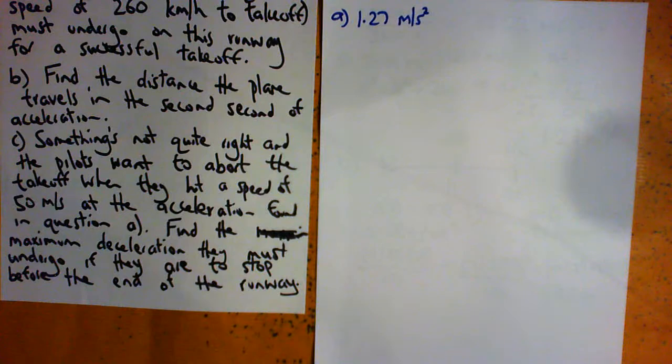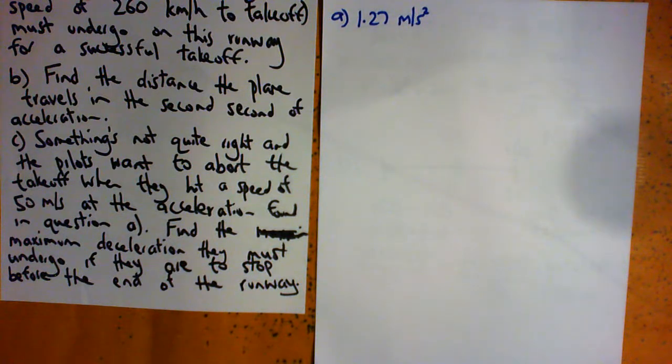So the first thing we need to find is how much runway they use up getting up to a speed of 50 metres per second, because the deceleration that they need must depend on the amount of runway that is left over after it's reached that speed.